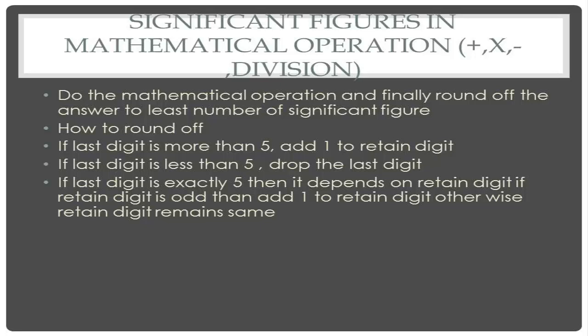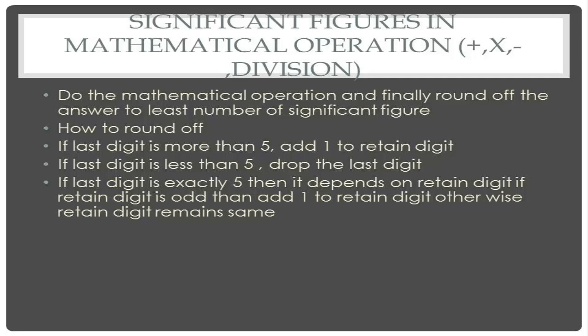Now, significant figures in mathematical operations, like plus, minus, multiply and divide. What we have to do here is first round off the answer to the least number of significant figures, and the question arises how we have to round off. If the last digit is more than 5, we simply drop that last digit and add 1 to the retained digit.